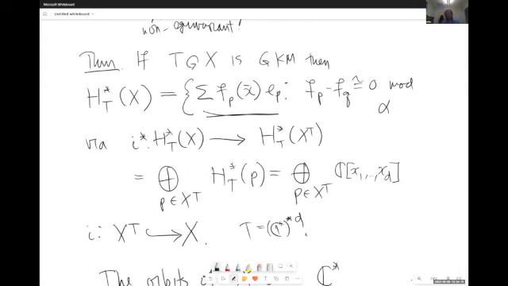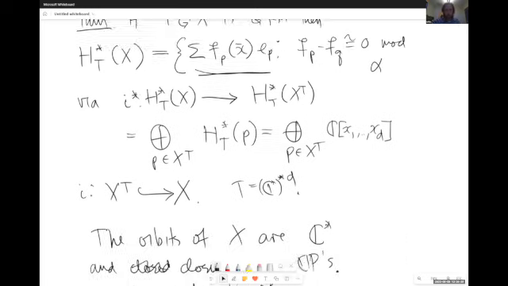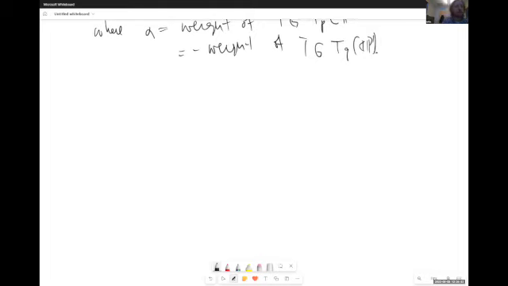Okay, so I'll give an example in a sec with the flag variety. Maybe I'll stop here. Any questions about this, about the theorem? Okay, so example. So one question. Yeah.